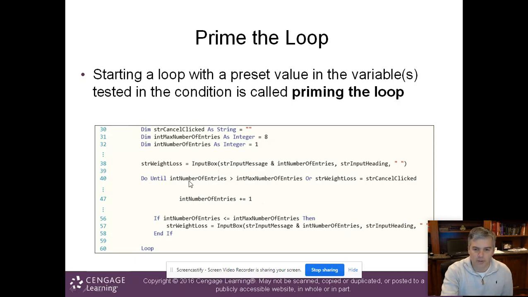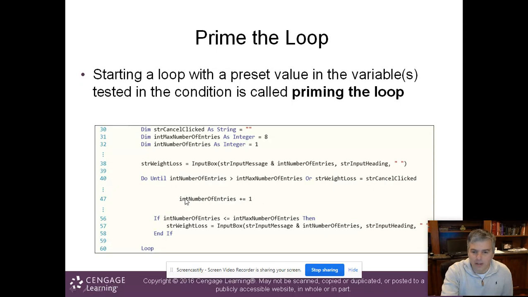We're going to do until, and this is where we're priming our loop: until our number of entries, which we're starting at 1, is greater than the max number of entries, which is 8, or string weight loss equals string canceled. So until we click the cancel button. String canceled is nothing, so if someone clicks the cancel button, it's going to put nothing into that variable, and it'll kick out of the loop.